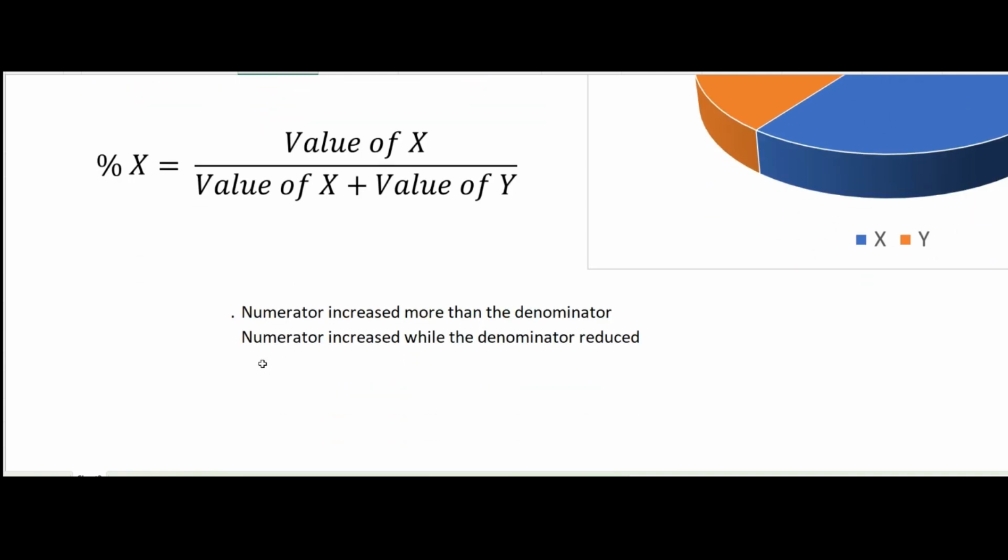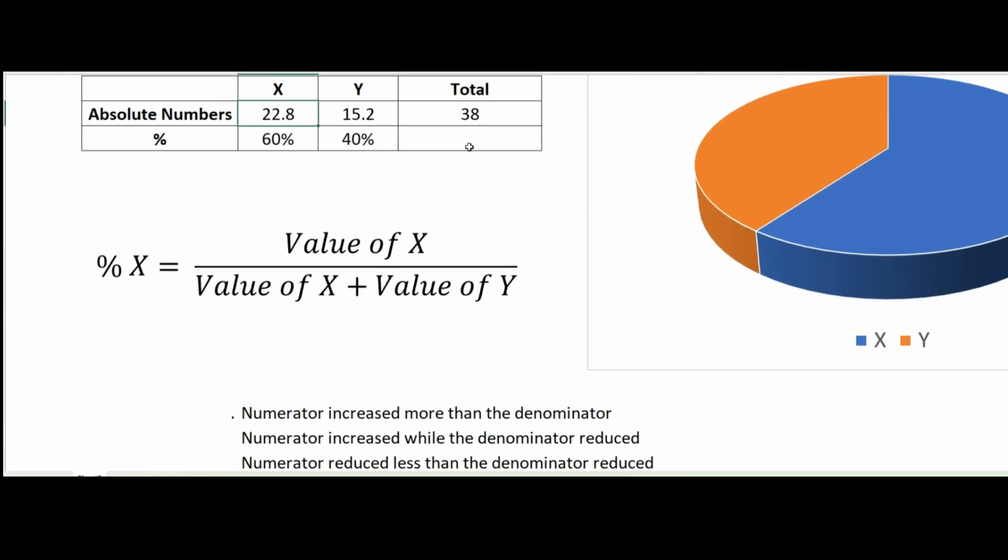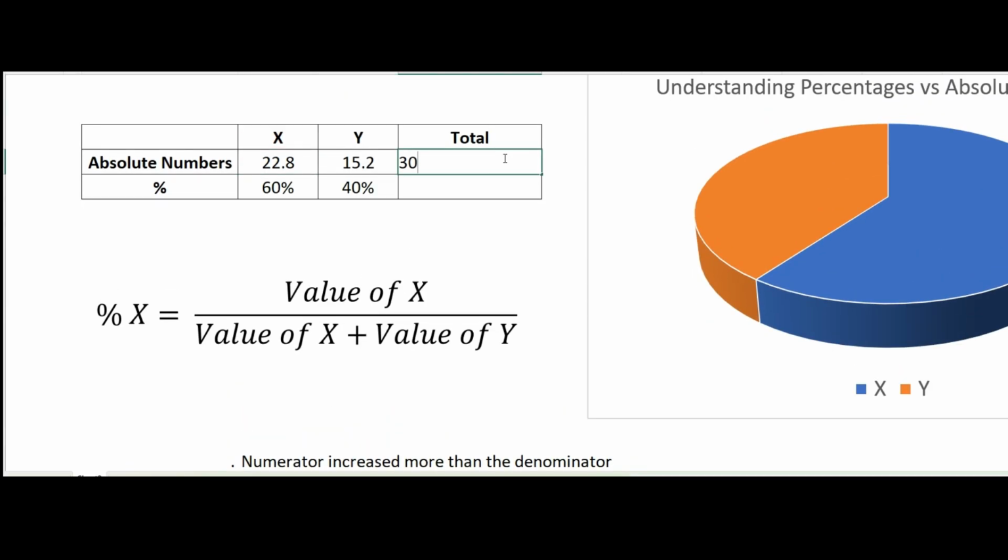The third scenario can be that the numerator has also reduced, the denominator has also reduced, but numerator has reduced less than the denominator. So in this case, the percentage of x will increase. You can consider it to be, let's say, 30. If the denominator has reduced by 10 units, but you can see that the numerator has reduced by only 2 units.